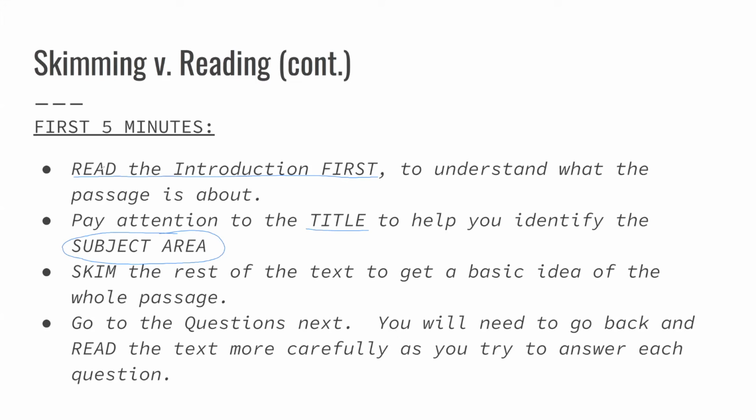So we read the introduction, that's good. But notice what I say next. Skim the rest of the passage. Skim all of the rest of it to get the basic idea. Because guess what? You have to get to the questions. You have to be able to read the questions. So skim the passage and then go to the questions. When you go to the questions, then you can go back and read the text when it's necessary.